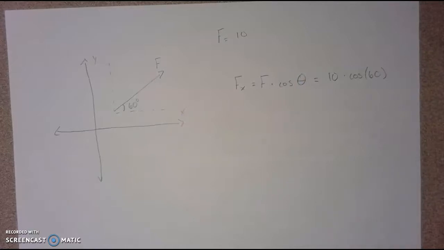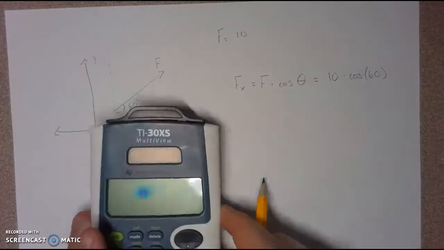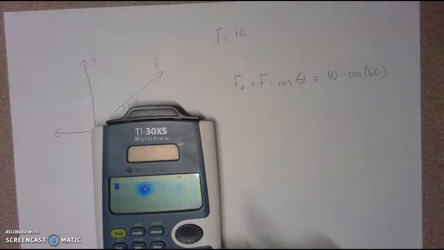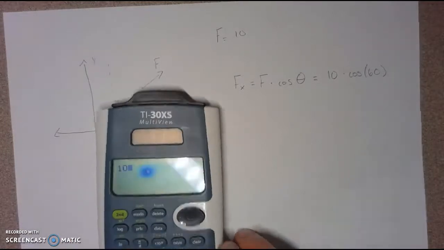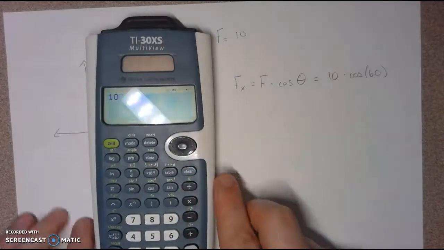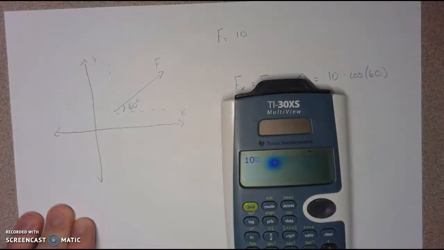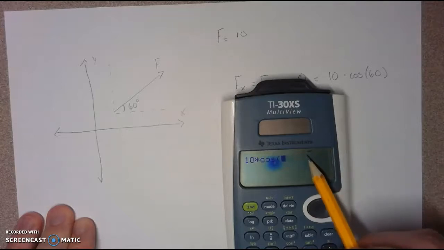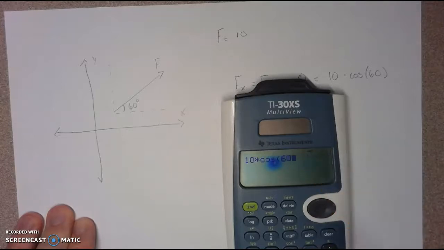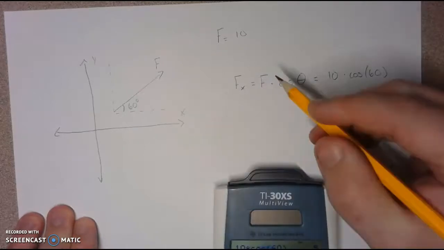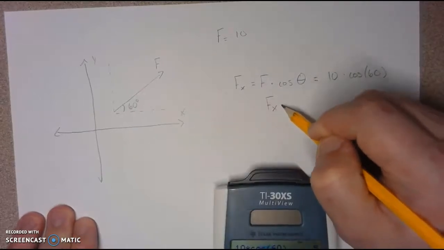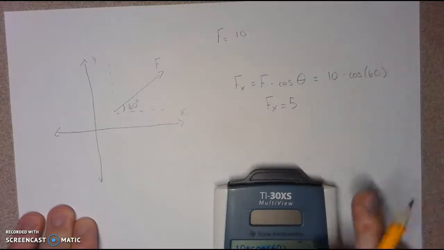So we can grab our calculators here. We know that F is 10, and I'm going to multiply that by cosine, making sure that you're in degrees, of 60. Okay? Boom. Fx is going to be equal to 5.